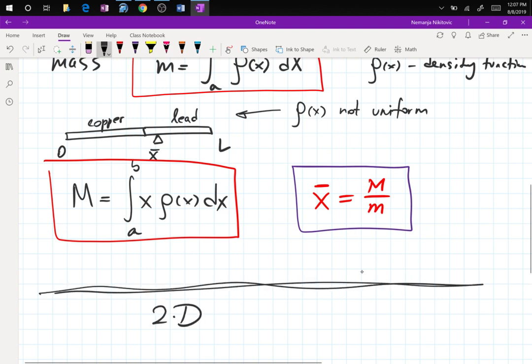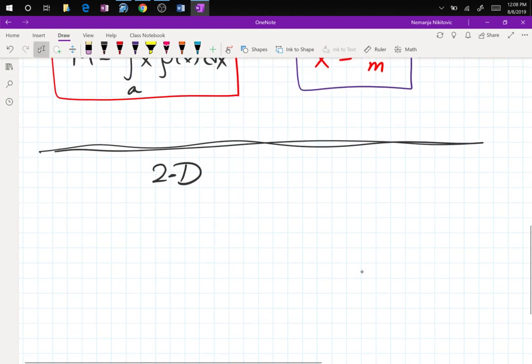2D is interesting because in 2D we get to use double integrals. So mass is given as a double integral over region R of the density function rho of x,y dA. Now this is the general integral, guys.